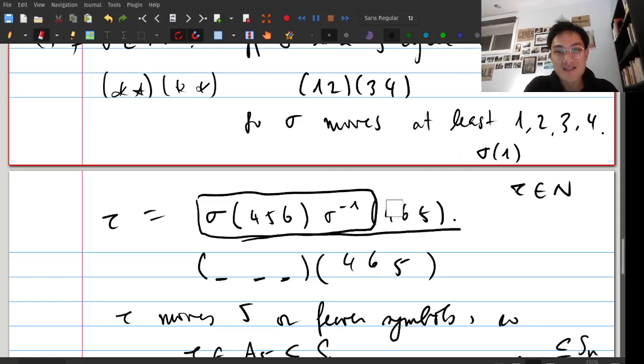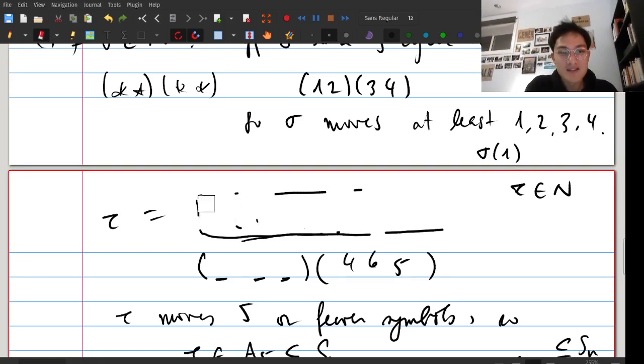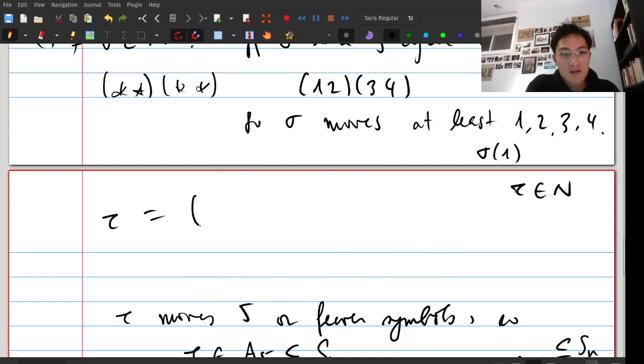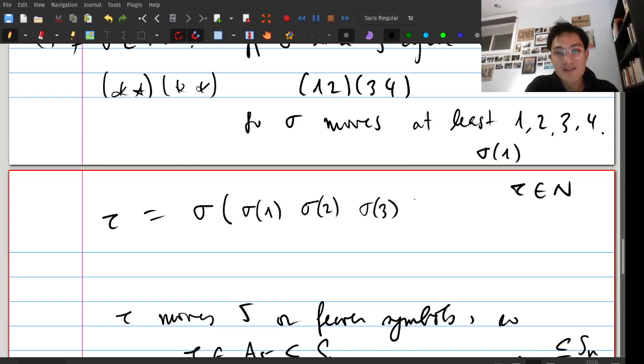Let's just say these numbers, let's make these numbers. Okay, let's redefine tau entirely. So it should be sigma, let's say sigma 1, sigma 2, sigma 3, I don't know.